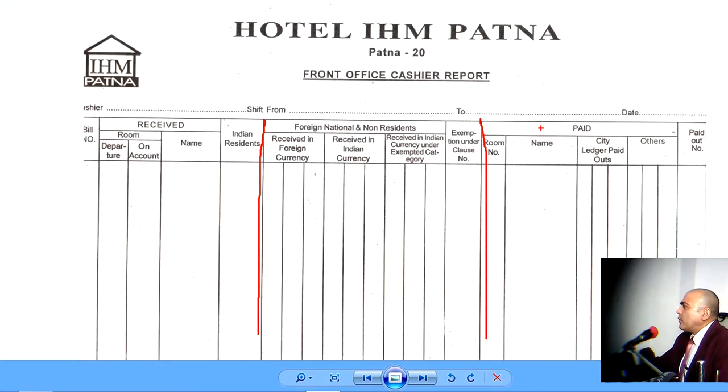Of course, a cashier will not pay to a foreigner in foreign currency. They'll always pay in Indian currency. And therefore, there is no fourth column for foreign nationals in foreign currency. So all payments made by the cashier will be in Indian currency, and therefore there is no separate account.